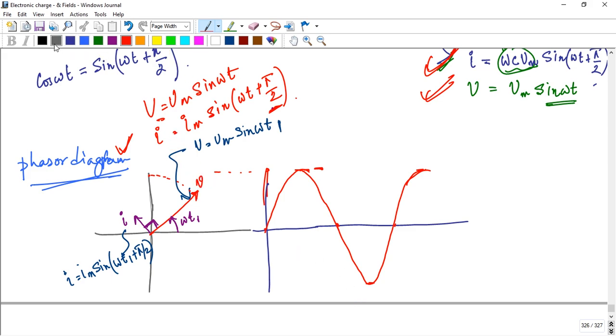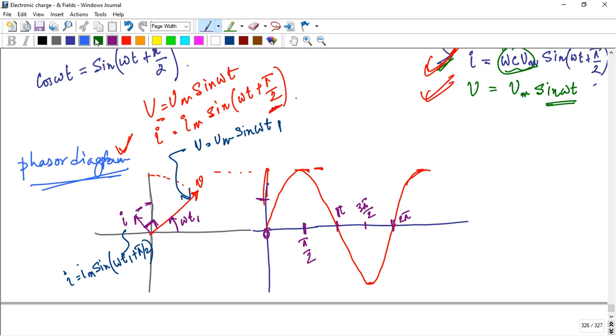So now the current phasor looks like this. These are the max points of current. Now here is 0, here is pi by 2, here is pi, at that point that is 3 pi by 2, and that's 2 pi.